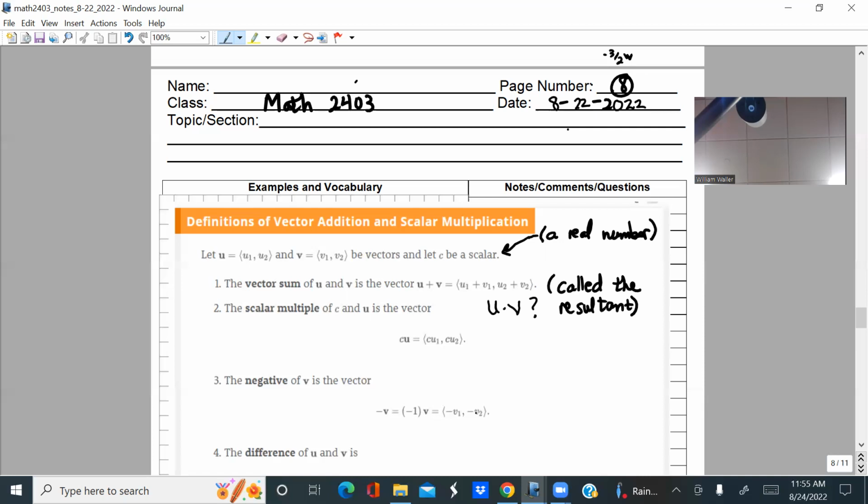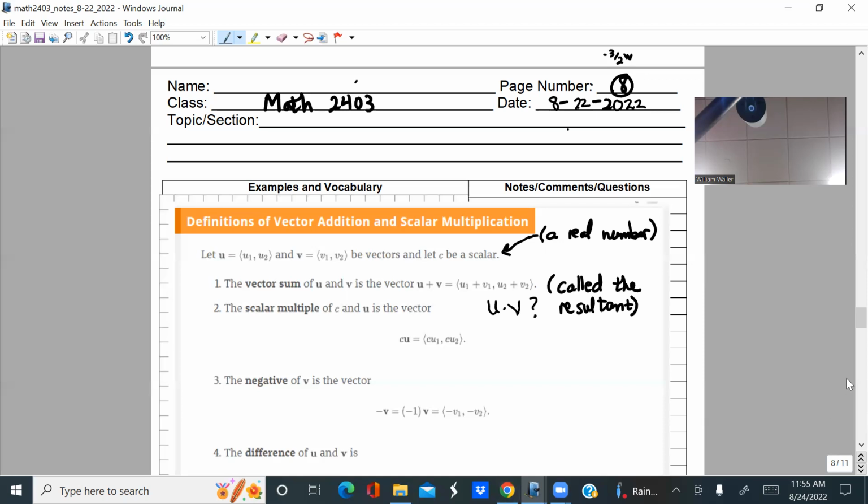You just take the minus 1 and multiply it times each of the components. So when you take the negative of a vector, it just gives you the negative of each of the components of the vector. That seems very simple and makes perfectly good intuitive sense.